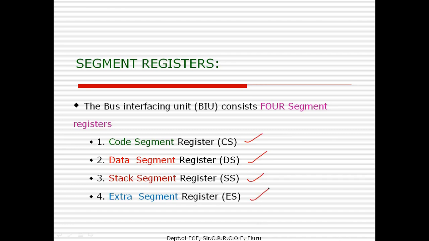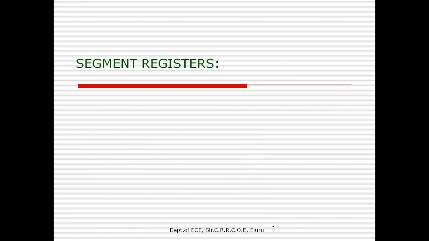All these segment registers are 16-bit registers. The size of each segment register is 16 bits, so all the 4 segment registers are 16-bit registers.